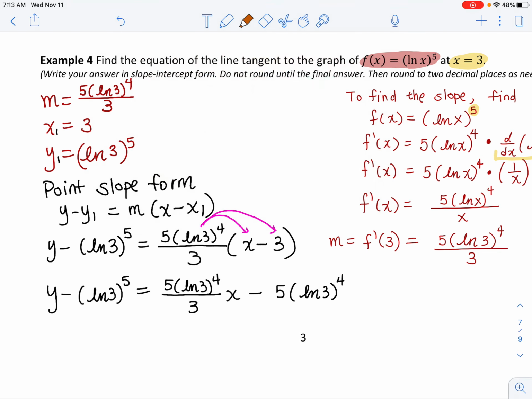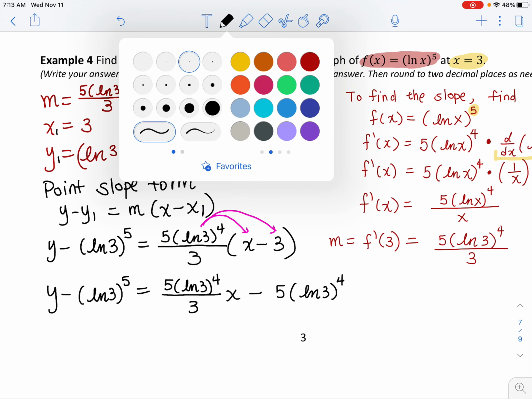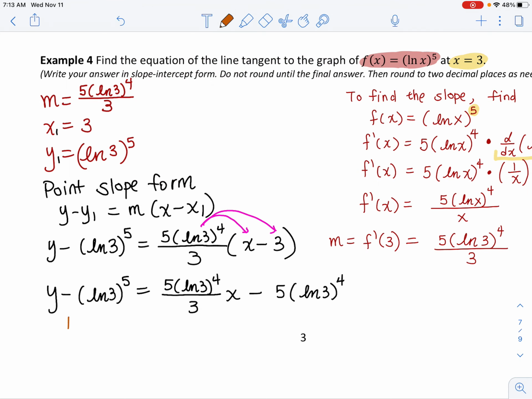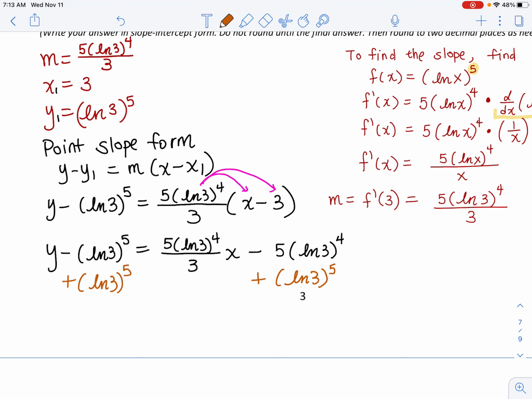So let me label everything for you, okay? This right here. Oh, actually, I'm sorry. That's not the y-intercept yet, right? Because now what do we have to do? To have y by itself, I need to add natural log of 3 raised to the 5th power on both sides. I almost forgot about that one. So here we go.